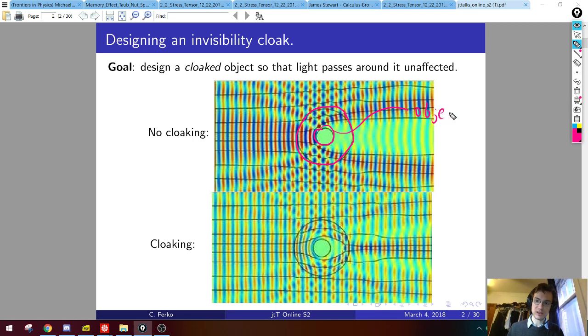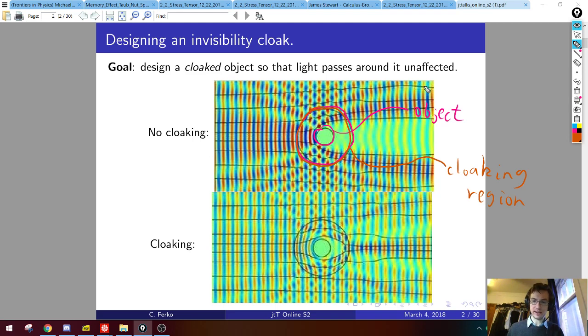There's always some circular object, although of course you can change the shape, it just makes the problem slightly more complicated. But there's always going to be some object and then some cloaking region. In this case, the cloak itself, the invisibility cloak, so to speak, that we want to build is this larger sphere, and inside of that sphere we would like to hide some circular object.